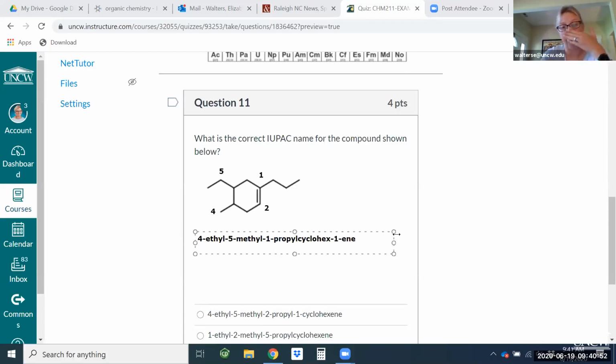But when you look at your options, I don't think there is an option where this 1 here is not given, and with alkenes, since alkenes have priority in a ring, well, in a structure over the substituents, it could just be that telling the reader that it's on carbon 1 could be redundant, because it is the highest priority carbon. So it would have to start on carbon 1.